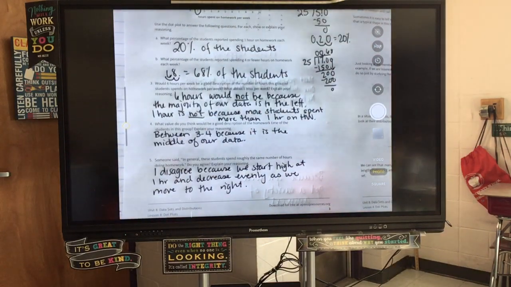All right, questions. How do you feel about looking at charts now and comparing and all that good jazz? All right, go ahead and glue both of these papers into your notebook. And then turn your page once you have this stuff glued in and title it Lesson 4 Cool Down.